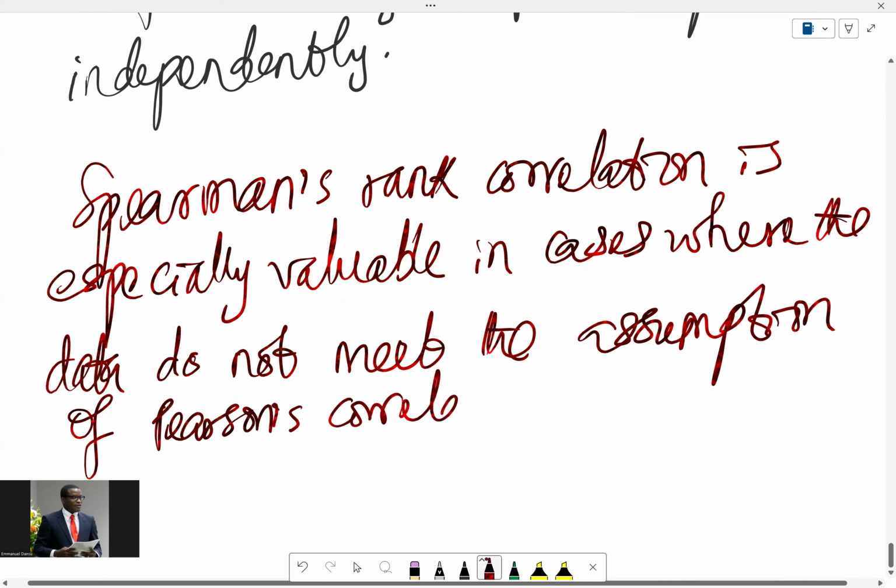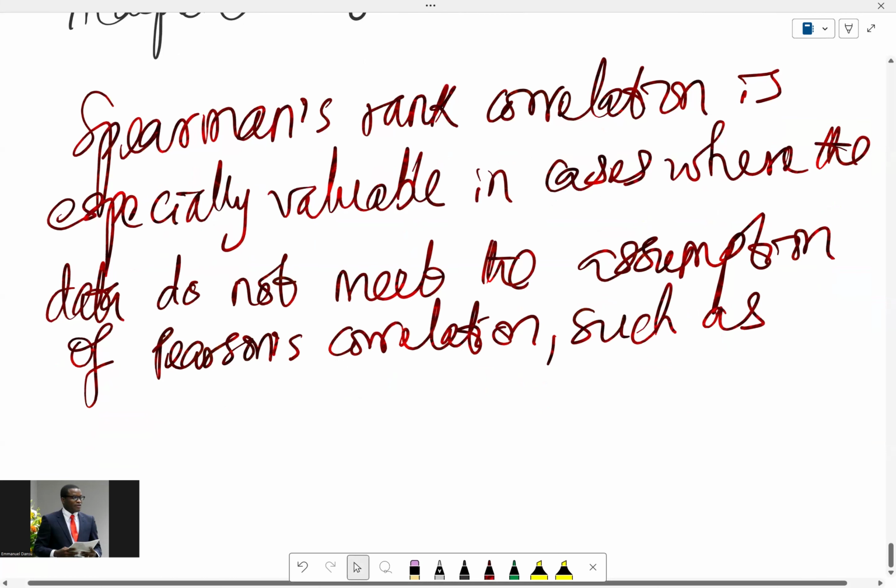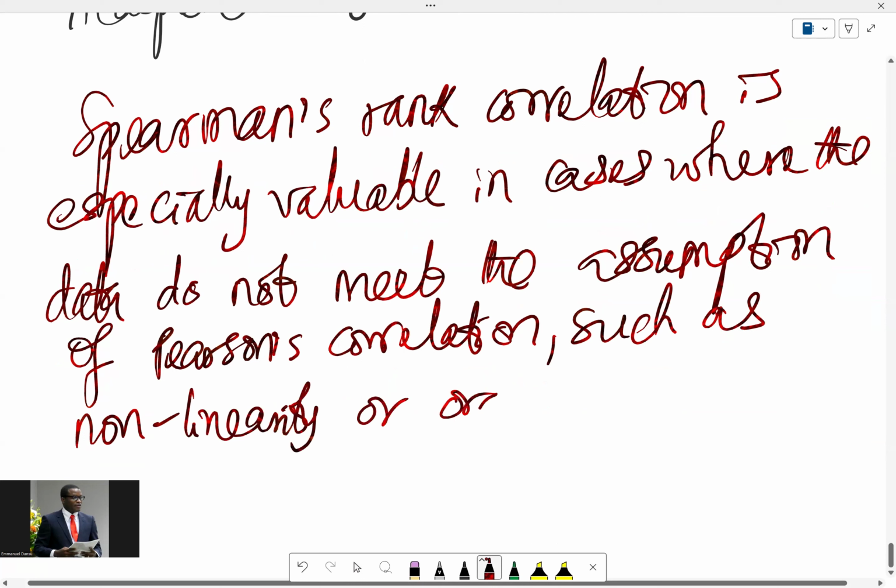Pearson's correlation is basically for numerical or continuous data. So once that condition is not met, maybe all you have is ordinal data, and you have to think of Spearman's rank correlation. So it did not meet the assumptions of Pearson's correlation, such as non-linearity. So if the data is non-linear or ordinal.